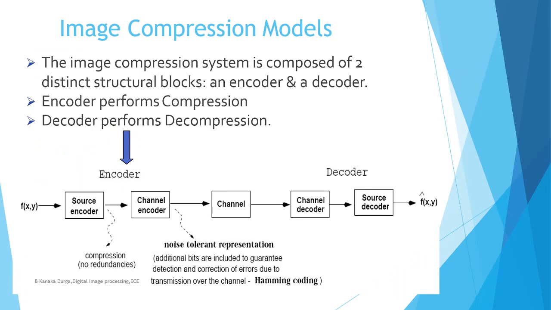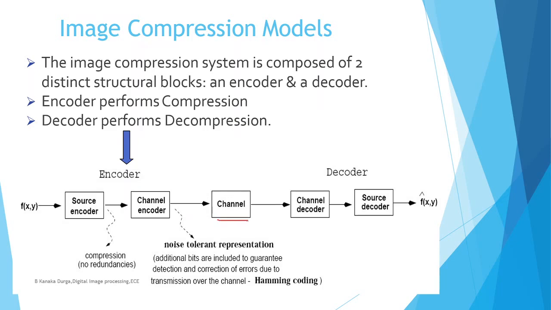So in this image compression model, we are going to call them an encoder and a decoder. Normally the information is passed from sender to receiver, and we require a channel.